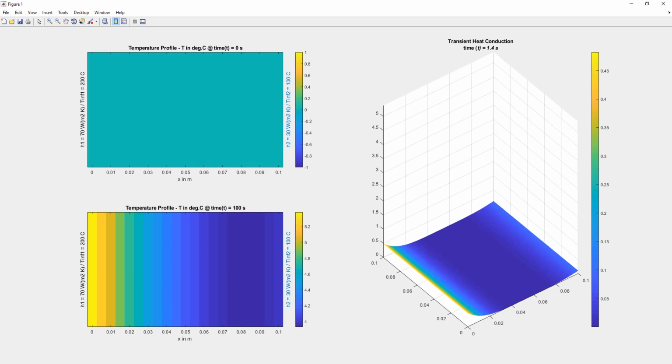When time equals 0 seconds, we have temperature equals 0 all over the domain. At the bottom left hand side we have the final temperature distribution when time equals 100 seconds, and we can see the changing temperature profile with time on the right hand side.